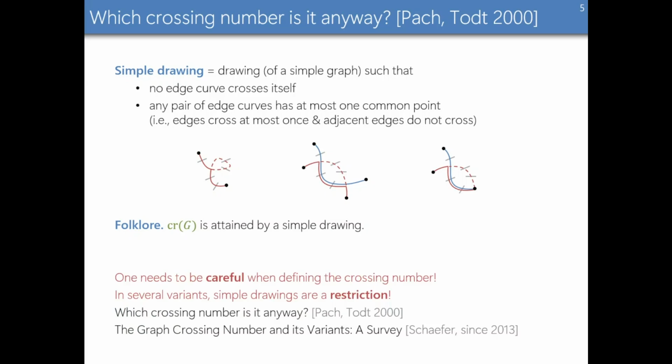There is a very nice paper by Pach and Tóth with the funny title of Which Crossing Number Is It Anyway?, which goes into the details of how simple deviations from the normal definition give you potentially different crossing numbers. And some of these other definitions, it's still open whether they are the same as the normal crossing number or not. And if you want to read 100 pages, then you're invited to read Marcus Schaefer's wonderful paper on different crossing number variants, where he collects a bunch of those.